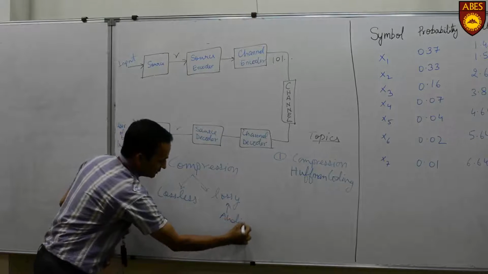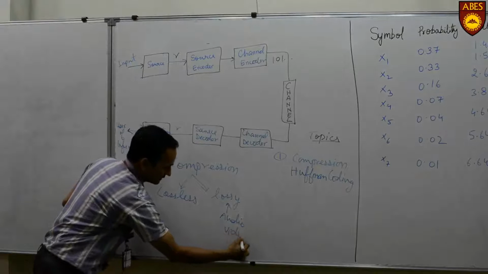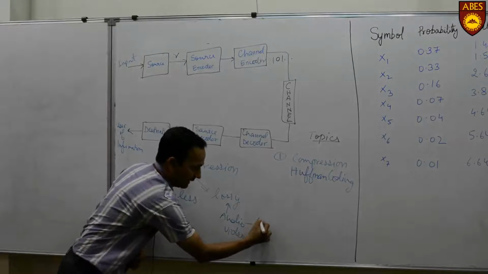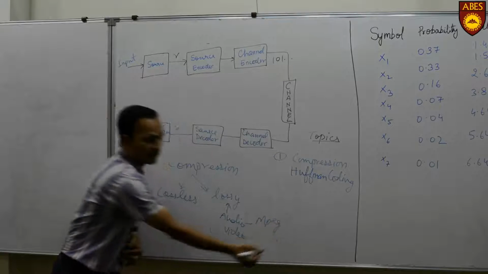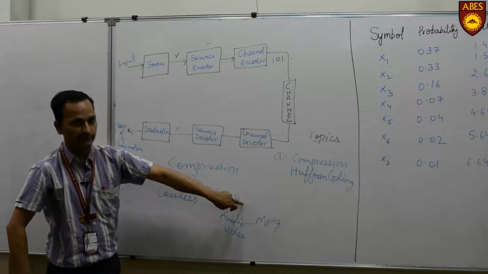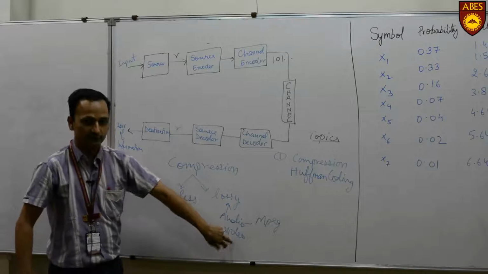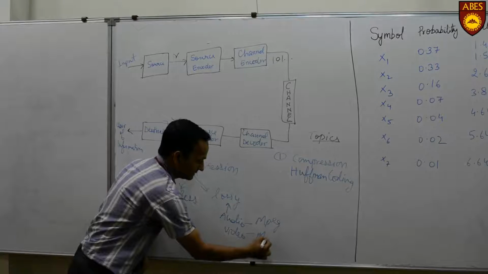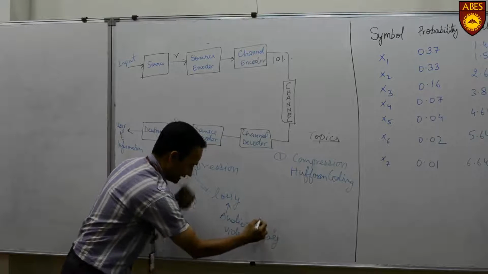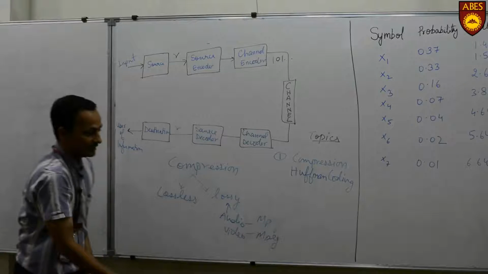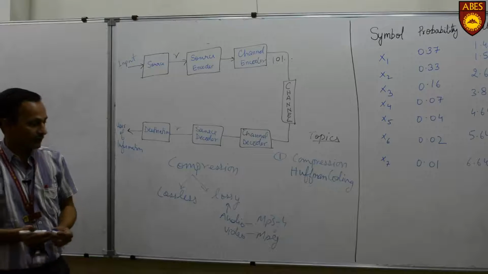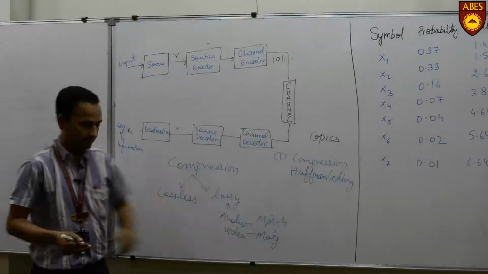Audio uses MPEG, which is an algorithm used for audio compression and is a type of lossy compression. For video we use the same MPEG compression, and for audio we use the MP3 or MP4 format for encoding.